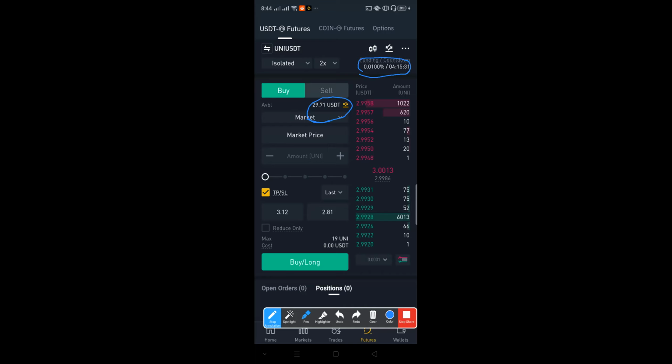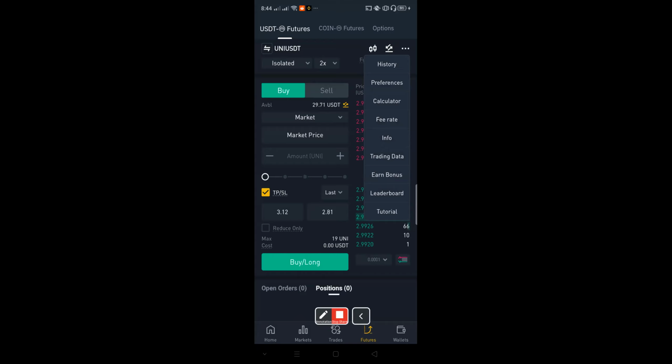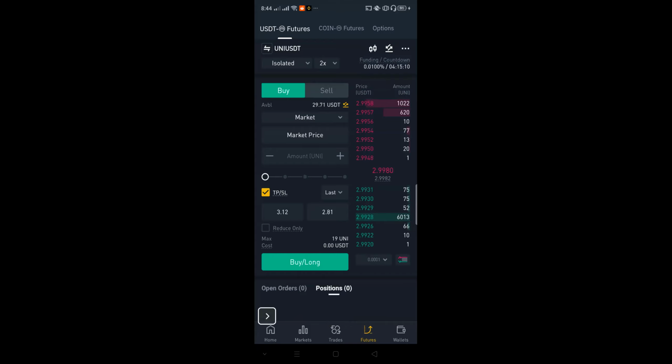How do I know how much they charge me for this particular trade? All I need to do is to click these 3 points. Since we are using phone, these 3 points that is here on top, once I click these 3 points, it will give me history, preference, calculator, and all that. So I can click history.